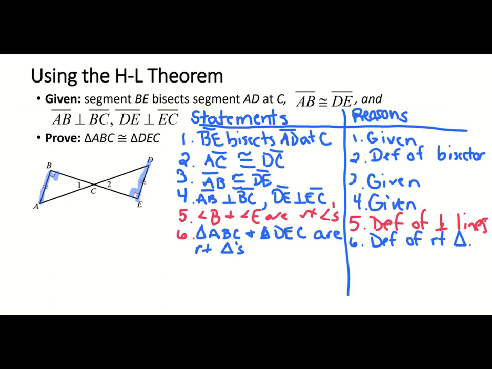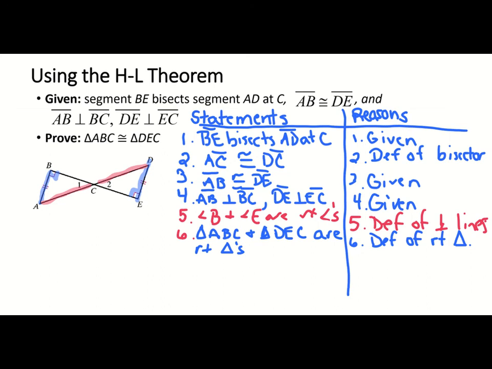And then I also know that AC and DC, so these two segments right here, are congruent to each other, and those are going to be hypotenuses each.